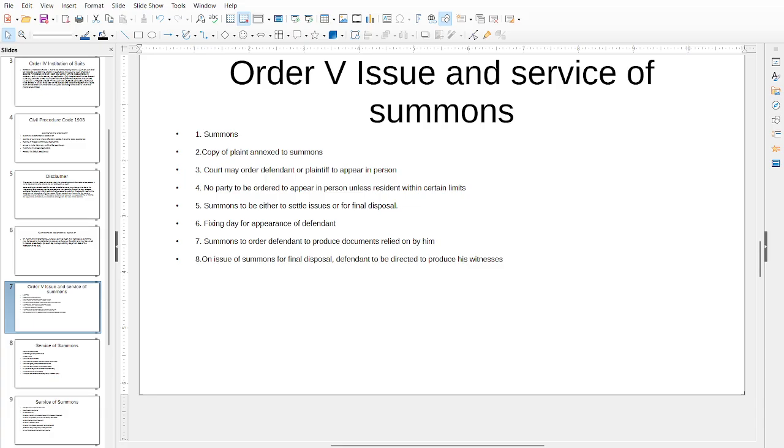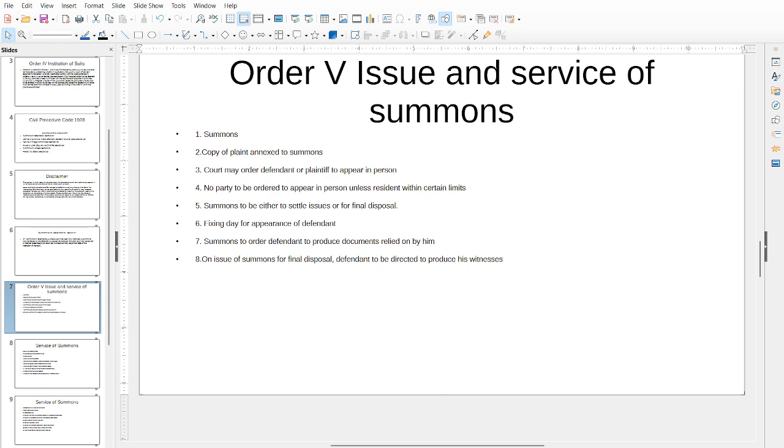Then he can come at a later date when the case starts hearing the matter, the next day or any other day which the court feels appropriate, and file a written statement on that day. If he comes and gives his written statement, it's well and good.